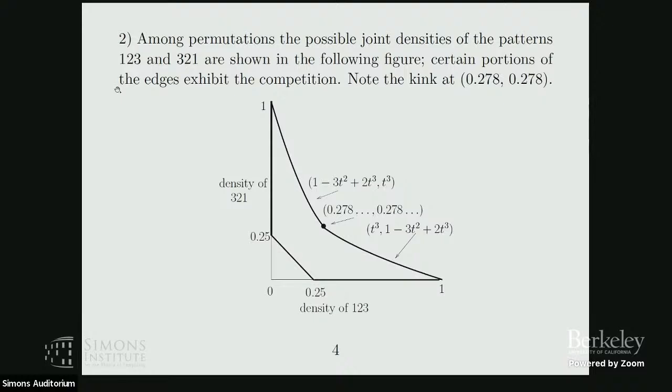That's a typical, old extremal permutation problem. I point out for later use this point here, that this curve is not actually very smooth, and I'll talk about that in a minute.